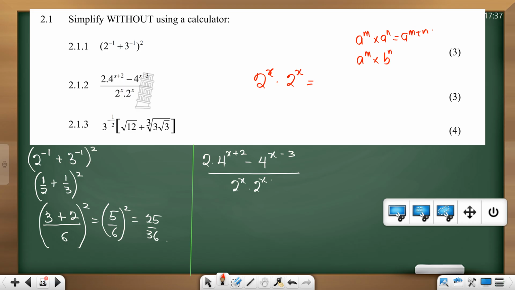If my exponents are the same, what do I do? I'll multiply the bases and keep the exponent. Very important rules. The first one I wrote, same exponents. The second one I wrote, same base. Let me know if the rule makes sense.